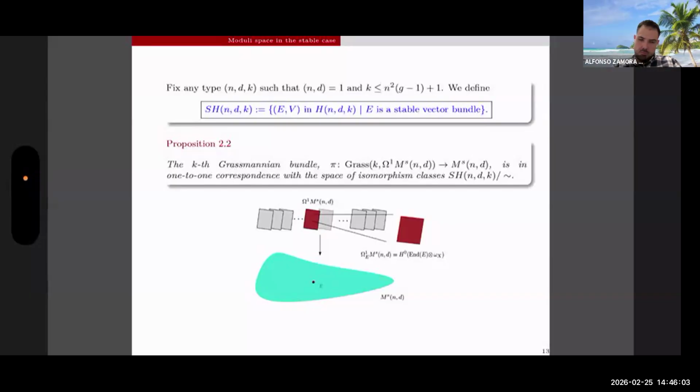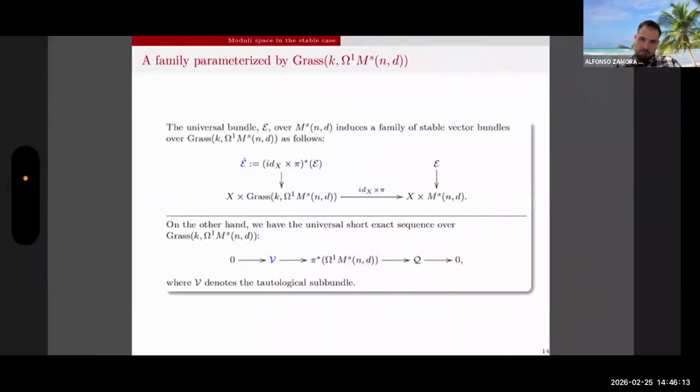The next question is if there exists a family with universal properties. To answer this question, we consider the following pair. By the coprime condition, there exists a universal bundle over the moduli space.